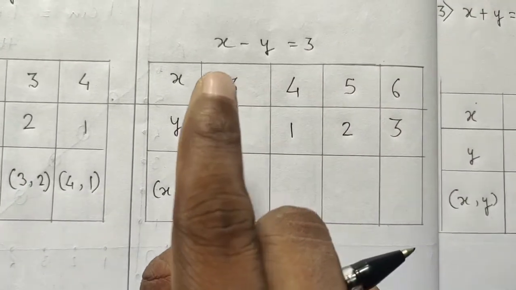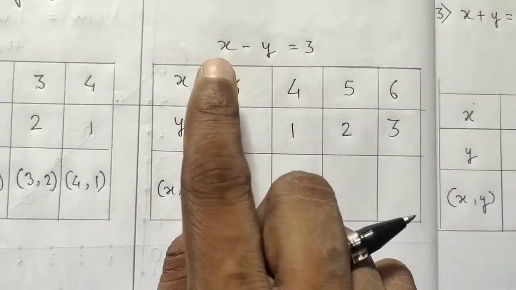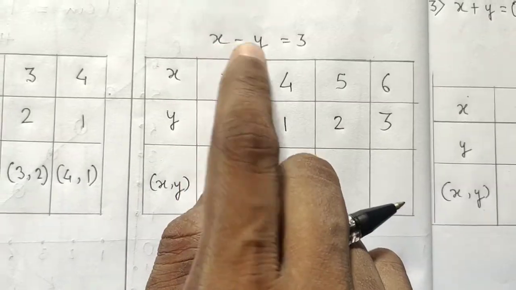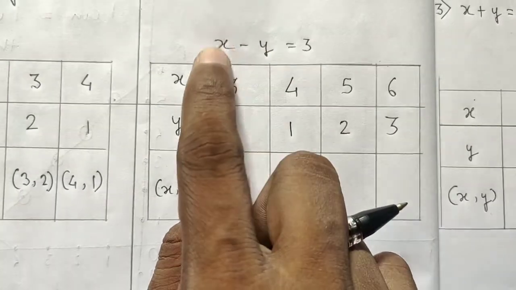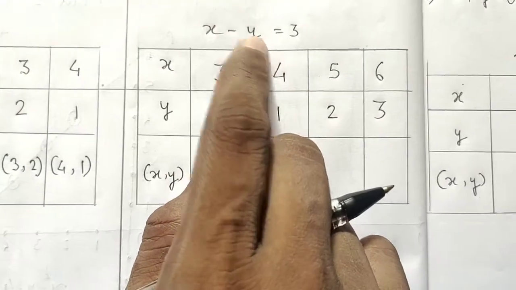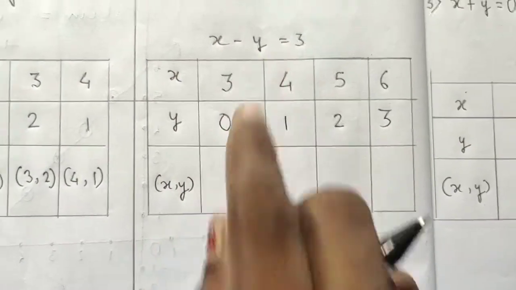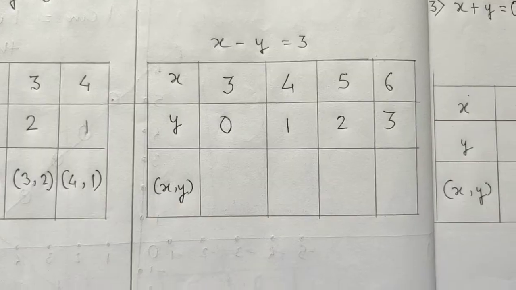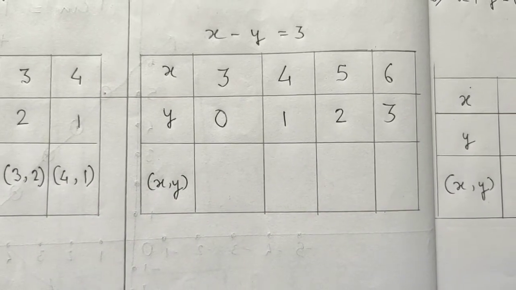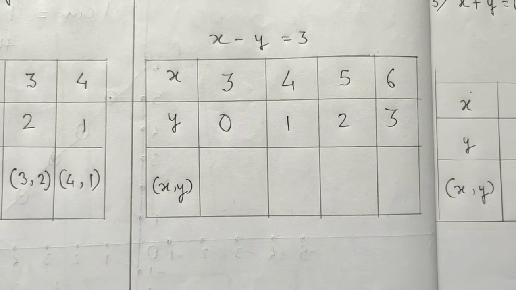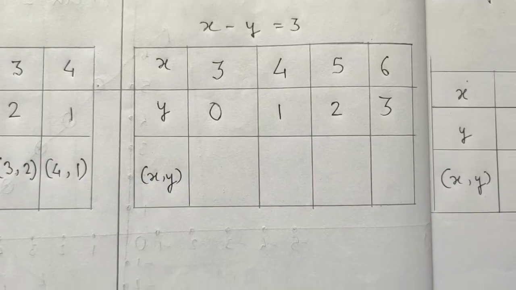Now I can take some other values also. If I take x value 2 suppose, then my y should be minus 1 because 2 minus minus 1 becomes plus 1. So 2 plus 1 gives you 3. That way also you can do. Okay, basically what we do, we take lower values of x and y so that we can plot those numbers, not higher values.